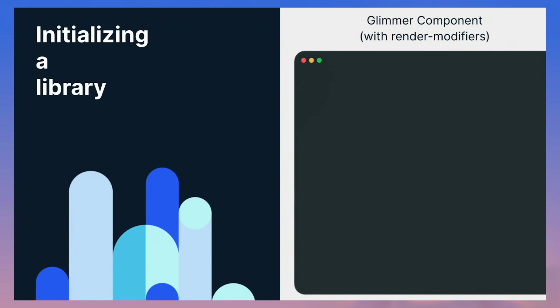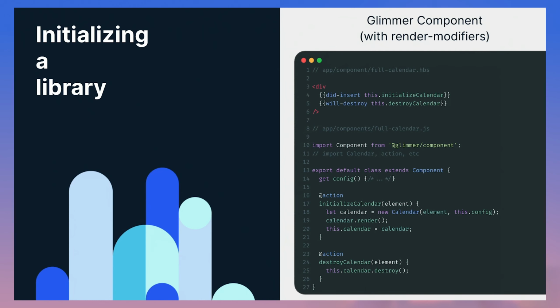So how do we migrate this to Glimmer components? This is how you might have done it with render modifiers. It's largely the same. Let's look closer. You can see we're extending Glimmer component now. But we've had to add a template, which we didn't have before, to give us a div element to anchor our modifiers onto, because remember, modifiers are attached to a DOM element.